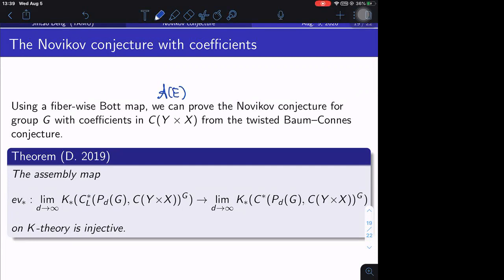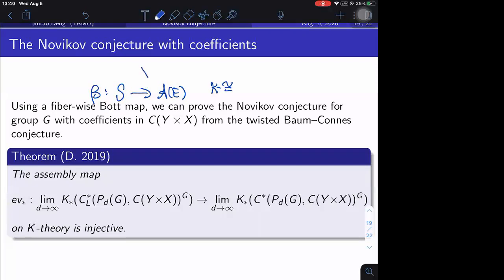By a result of Higson, Kasparov and Trout, for an infinite dimensional Hilbert space, you can construct a Bott map from the continuous functions on R to the system algebra we defined before. This induces an isomorphism on the K-theory level. So for each fiber, we can define a fiber-wise Bott map.